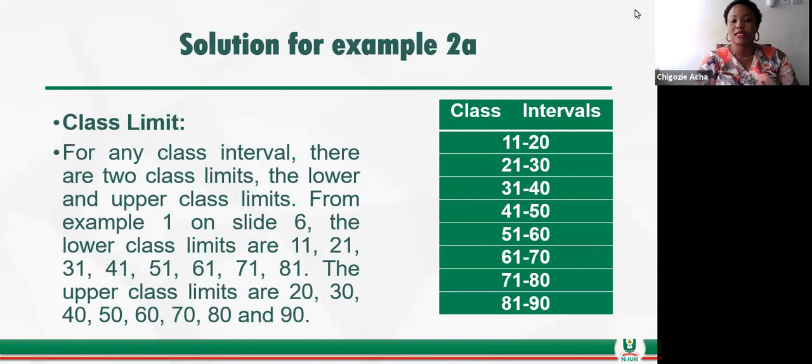From example 1 on slide 6, the one I just showed you, I started the class intervals so I can illustrate what is class limit very well. So 11, 21, 31, 41 are called lower class limits, while on the other side, you have 20, 30, 40, 50 to 90, called upper class limits.